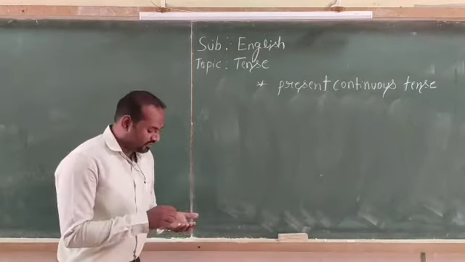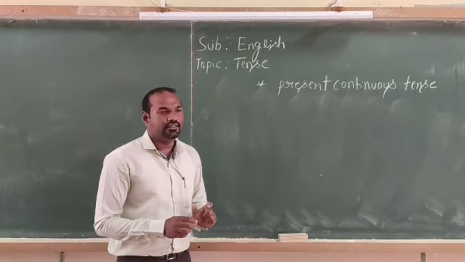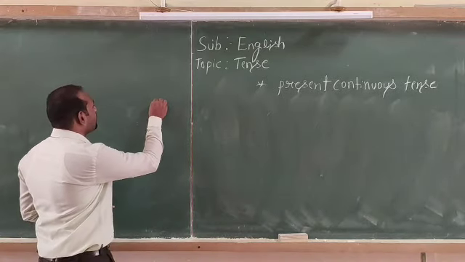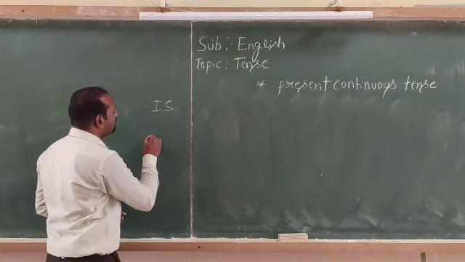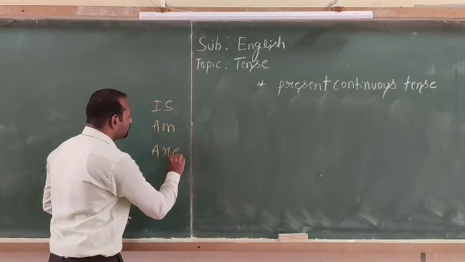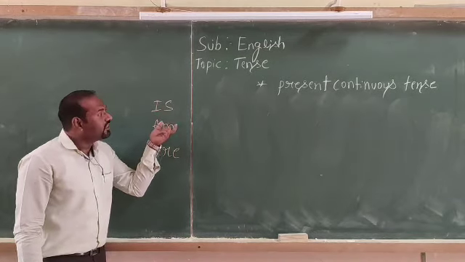Okay, my dear students. Here in the present continuous tense, there are three helping verbs. The first one is 'is', 'am' and 'are'. These three are the helping verbs we use in the present continuous.